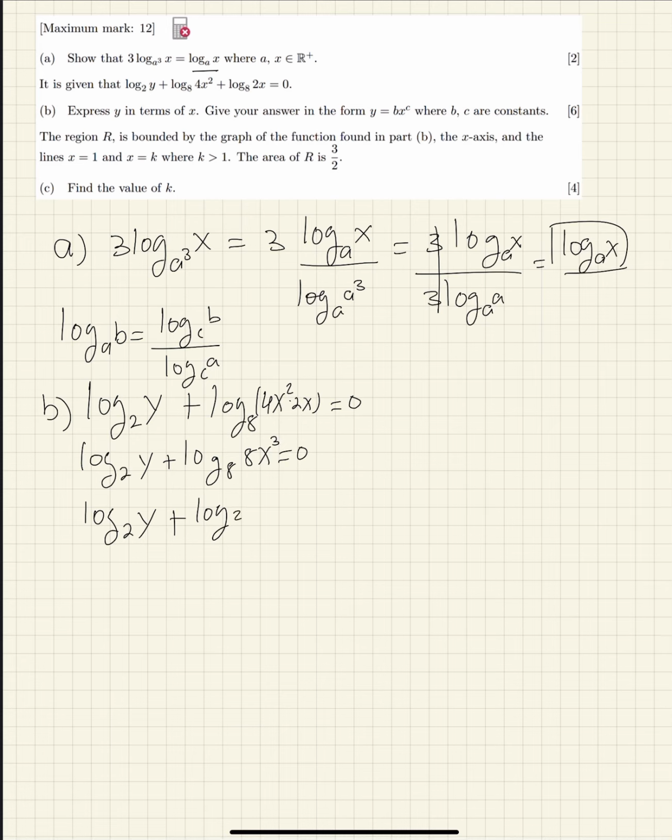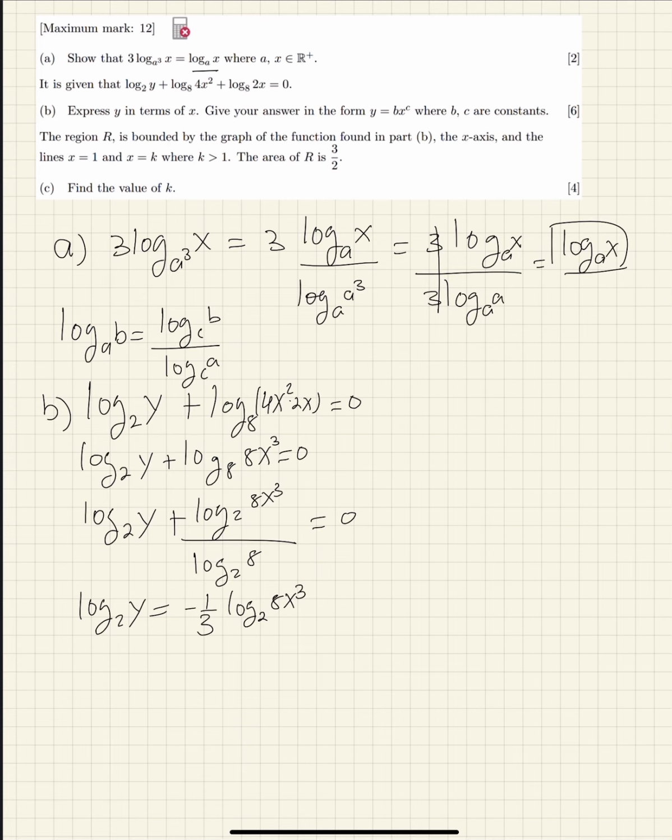And another one that, with a little bit more intuition, gives you something nice. So, am I doing this right? Yes, I am. Log base 2 of 8 is 3. So this is log base 2 of y is equal to negative 1/3 log base 2 of 8x cubed.